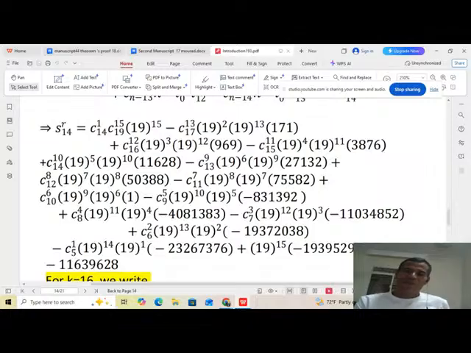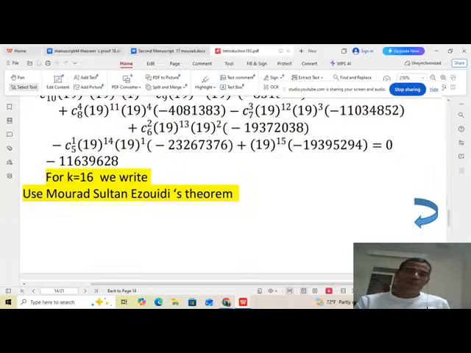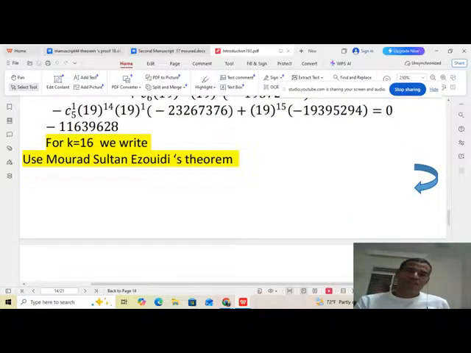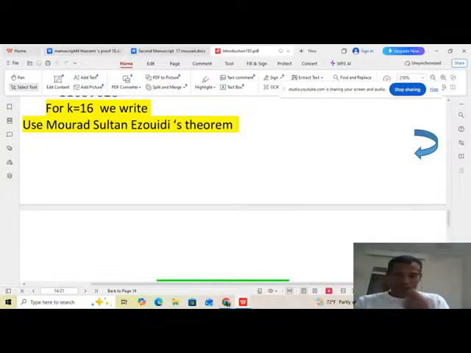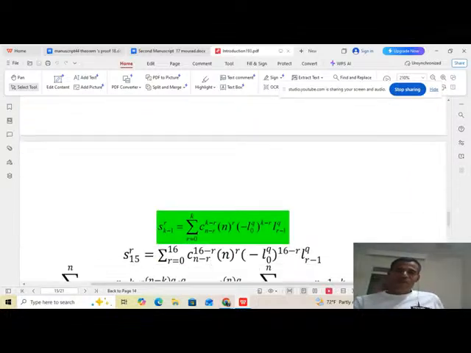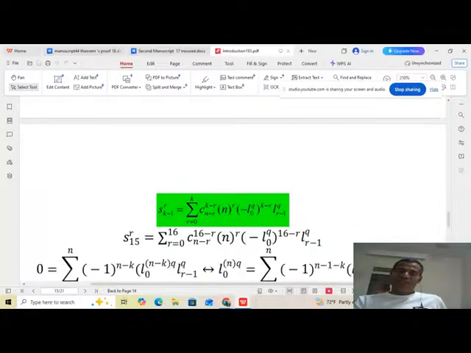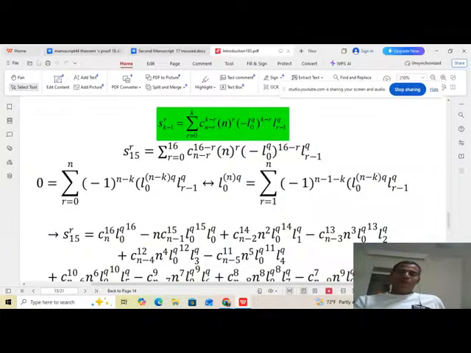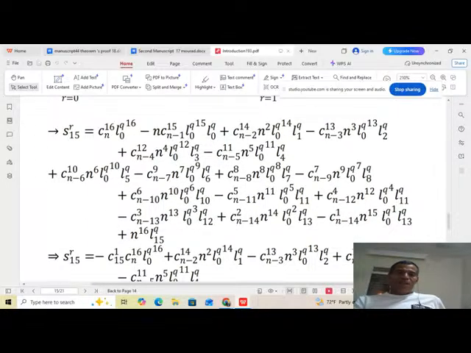Now I'm going to find S15. To find S15, just set k equals 16 in the Ezouidi theorem and figure out the value of S15 by expanding the theorem, simplifying it and writing it in its simplest form. So here we simplify S15.